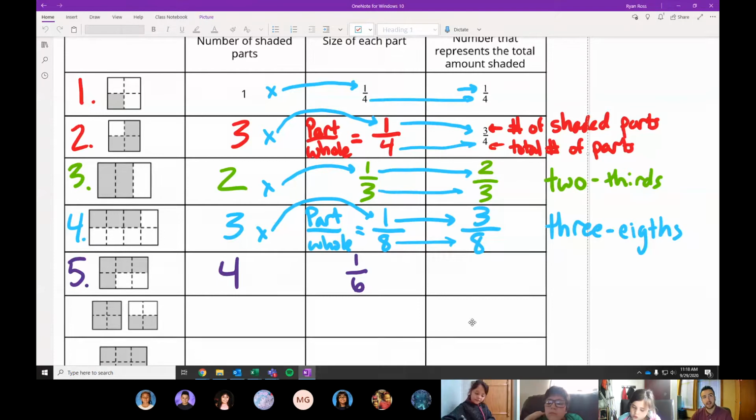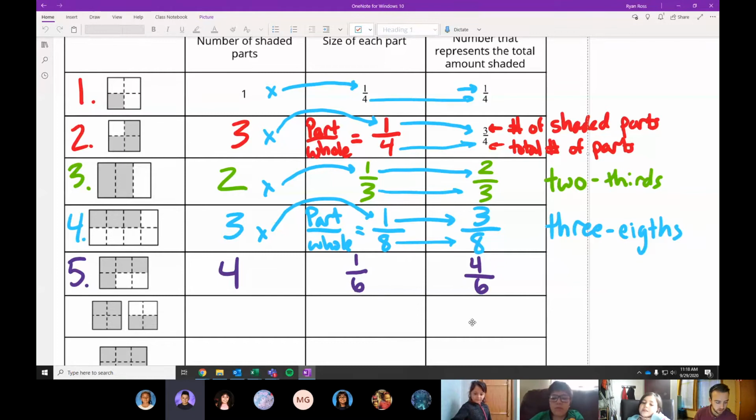Yeah, great job. How did you get that? By counting the whole rectangle. You counted all the squares that made up the rectangle? Great job. So we have 4 shaded regions. Each piece is 1/6. So what's the number that represents the total amount that's shaded? 4/6. Yeah, 4/6. Great job, Elizabeth.